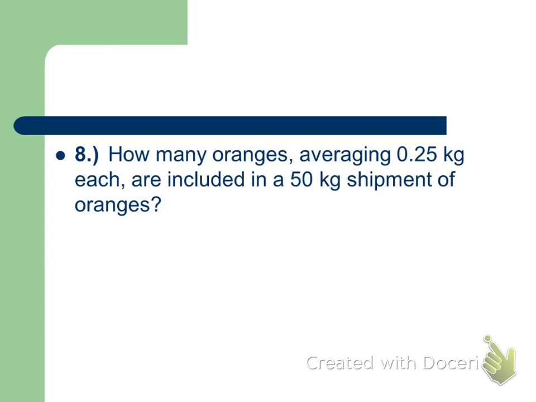Last one, number 8. How many oranges averaging 0.25 kilograms each are included in a 50 kilogram shipment of oranges? So they are 0.25 kilograms per orange. I'm going to use an R. And we've got a 50 kilogram shipment.